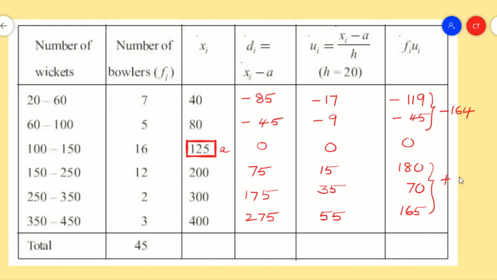By subtracting these two values, we get the sum of fi ui as 200.